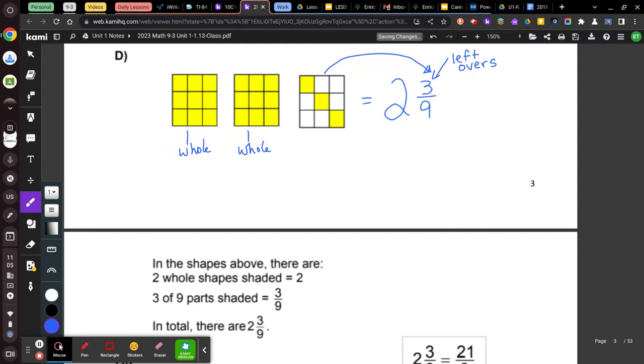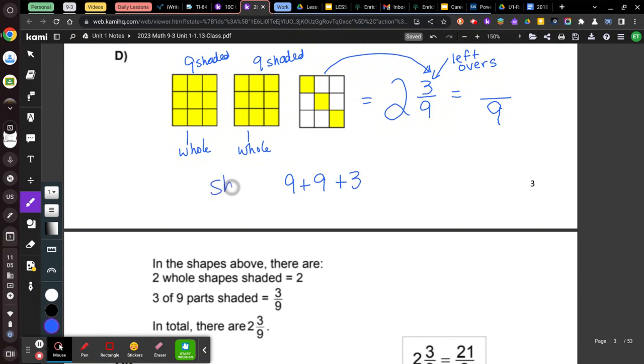Now if I'm going to do it as an improper fraction, we know our bottom number stays a 9. And now I've got to count totally how many are shaded. So there's 9 shaded here, 9 shaded here. So we're counting all the shaded. I've got 9 plus 9 plus 3.